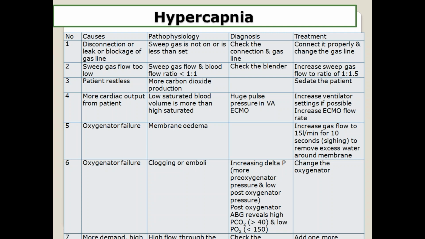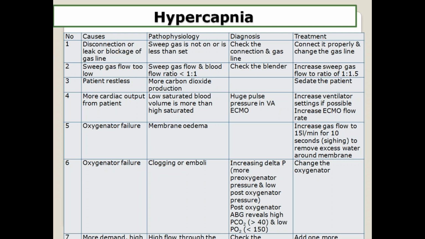We started with 1.5:1, and once I got an ABG done, the CO2 was around 50. I said okay, I will increase the sweep gas, and we went up to 1.5 and to 1 also. And then in each ABG, the CO2 level was going up and up. So I said there must be something wrong in the flow meters, and we changed the flow meters, and suddenly the CO2 came down.